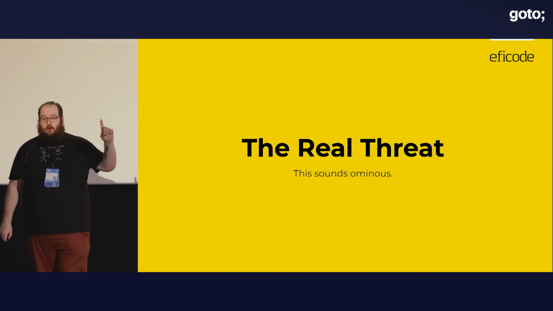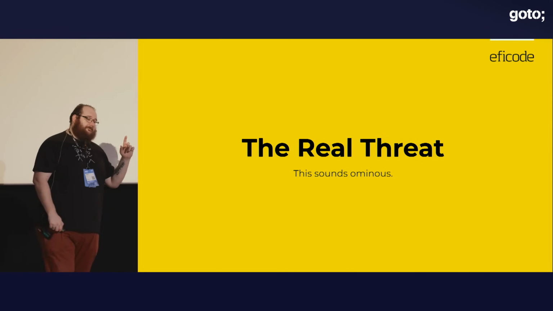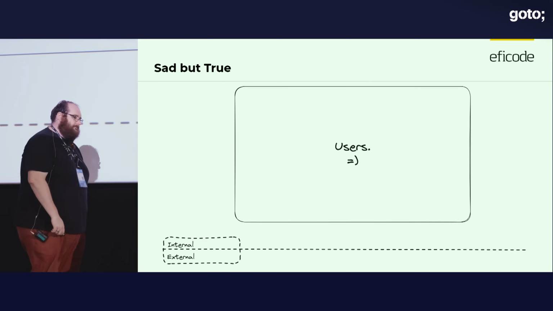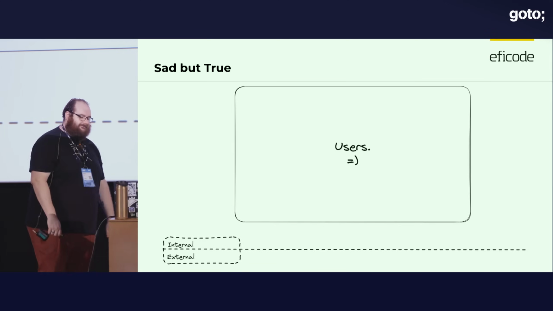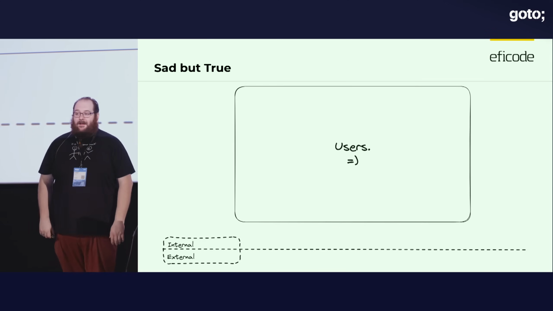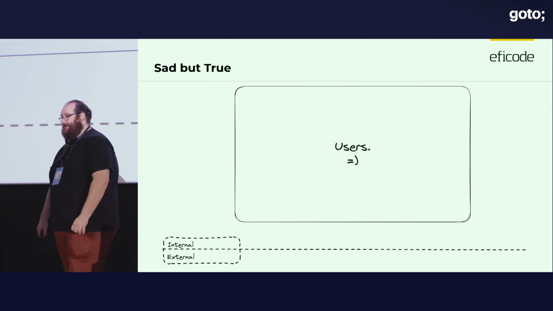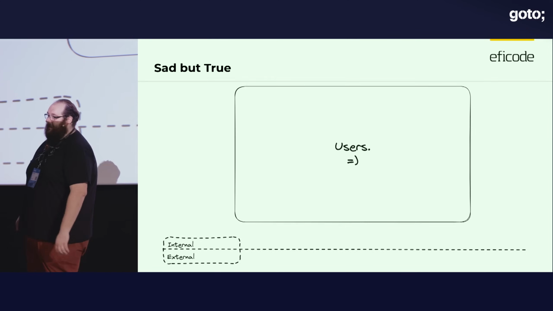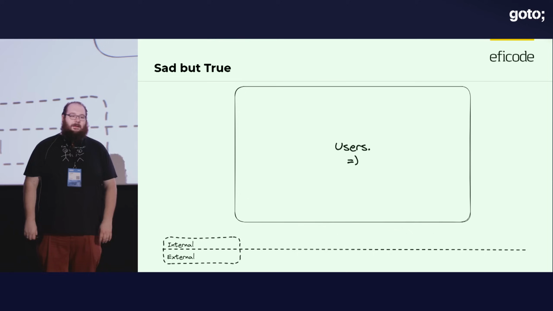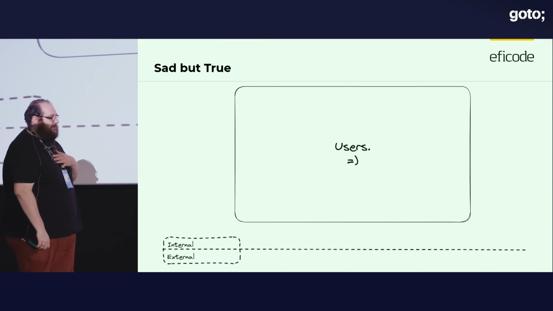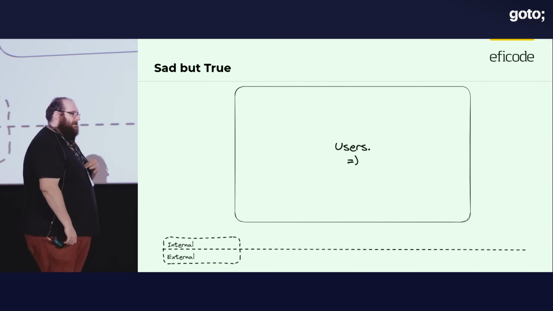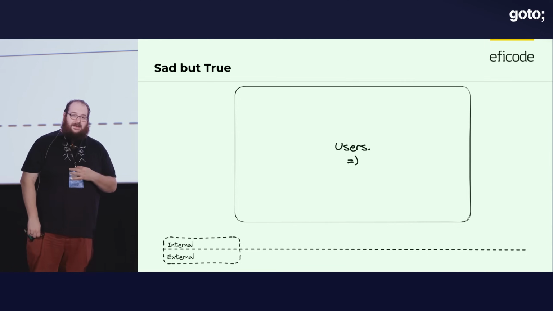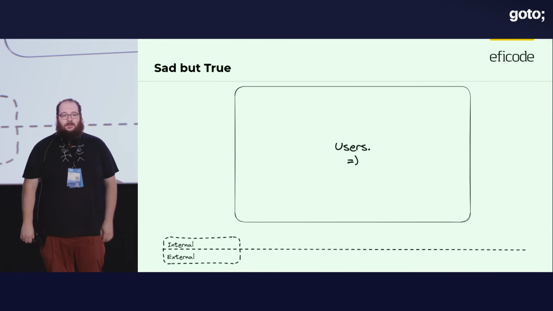I want to take 1 minute to talk about the real threat. 88% of attacks are instituted by user error. That means as a technical security person, I spend 40 hours a week dealing with 12% of a problem.